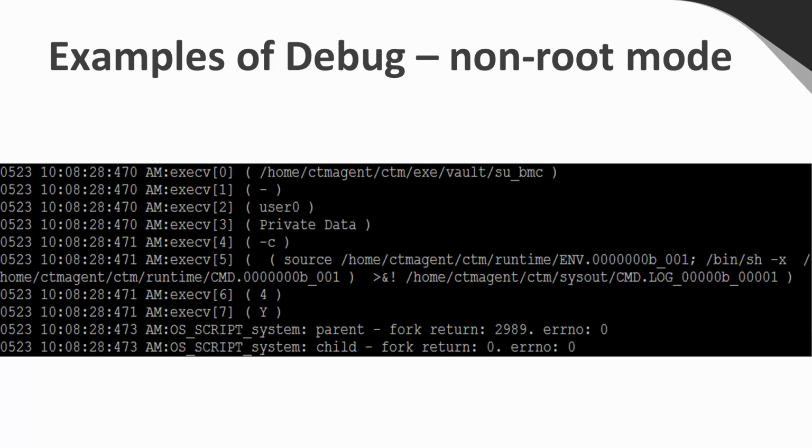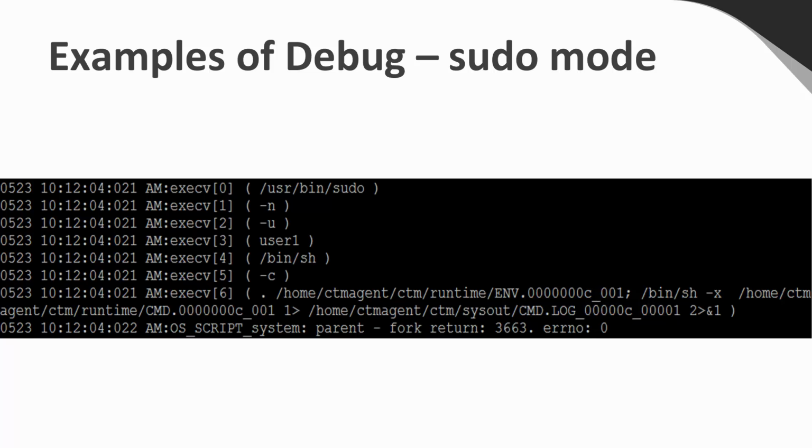So let's take a look real quick at the Sudo mode. You'll see a theme developing here. This is the execution of a job, a command line job in Sudo. We run sudo -n -u user1, and then we'll see sh -c and our environment and temporary script redirected to the output.